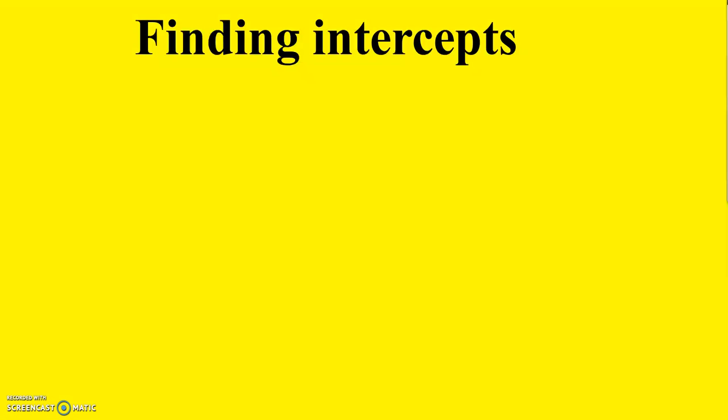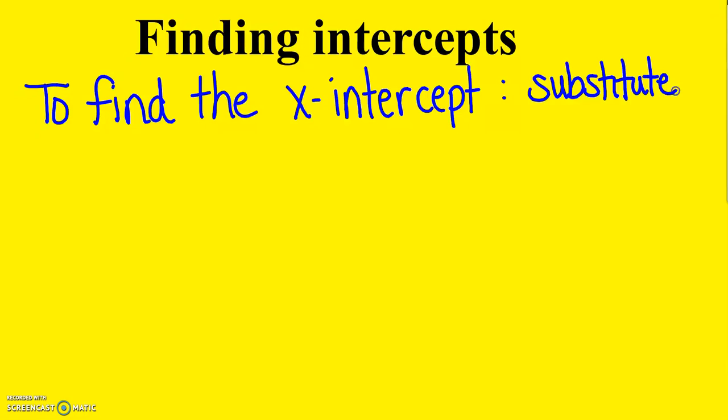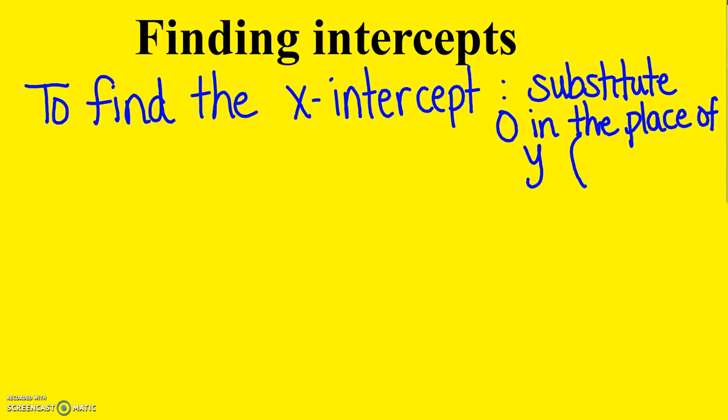Now, finding intercepts, right? To find the x-intercept, that means I want to know at what point does the graph cross the x-axis. So to find the x-intercept, we're going to substitute 0 in the place of y. All right. So when you're looking for the x-intercept, the y value is going to be 0. All right.